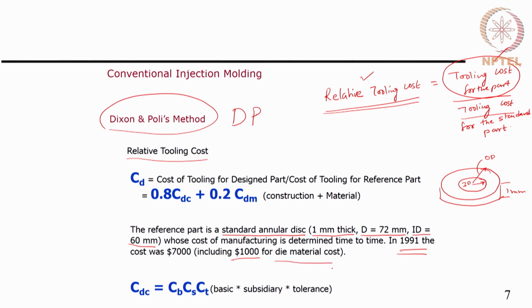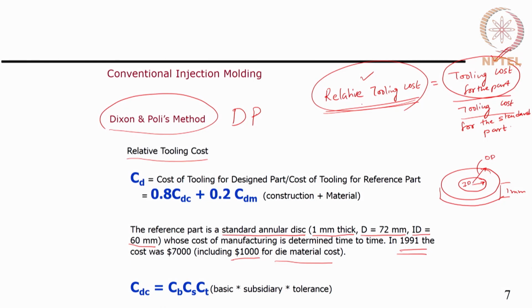Today's costing may be different, but one can still use this method, because I can ask the mold maker for the cost of making this standard annular disc part, and based on that I can compute the tooling cost of the part once I know the relative tooling cost. So, in this method we determine the relative tooling cost to determine the tooling cost of the part.